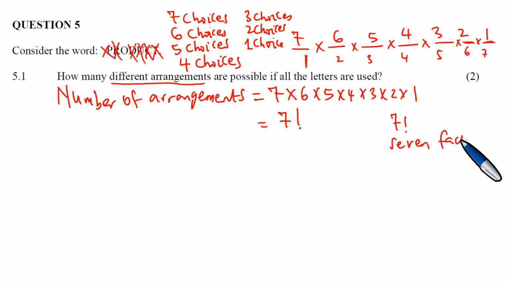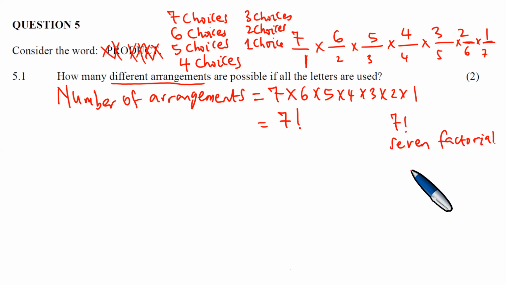Some of you might not have seen this symbol, an exclamation mark. In English, if somebody's shouting, you put this kind of symbol, but in mathematics it means a factorial, and it means you are multiplying 7 times 6 down to the number 1.